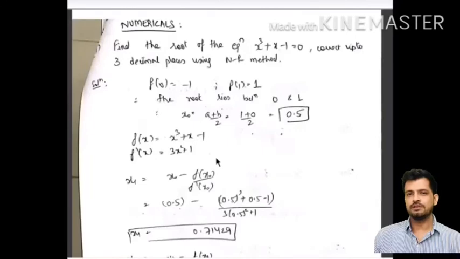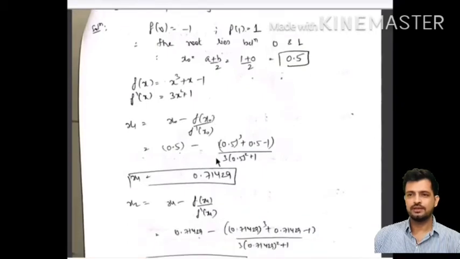Placing all these values in the equation of x1. What is x1? x1 is equal to x0 minus f of x0 upon f dash of x0. Placing all these values, x0 is equal to 0.5, f of x0 and f dash of x0, you will get the value of x1 as 0.71429.